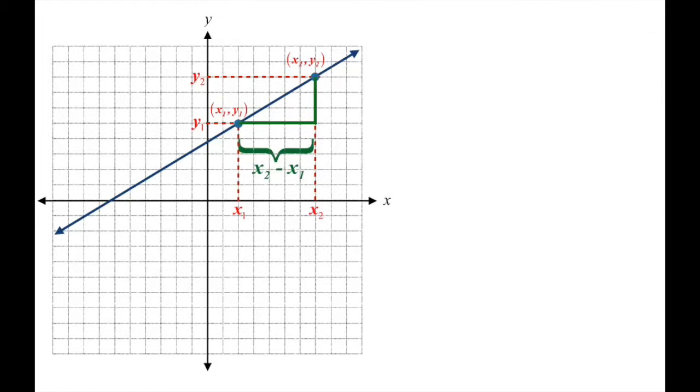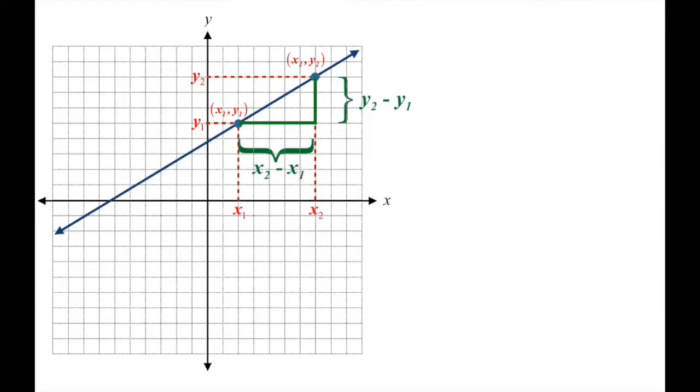Similarly, we can consider our vertical line. That's going to have a distance of y2 minus y1, because when you look at the vertical distance, there's your y2, there's your y1 height, and when you subtract them, that leaves you with the height we're interested in, the y2 minus y1 height.